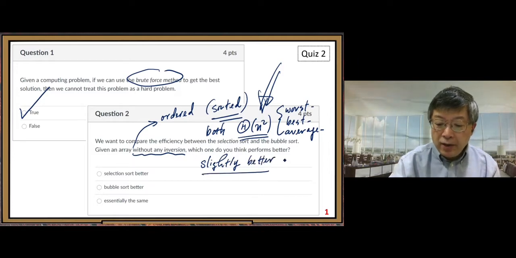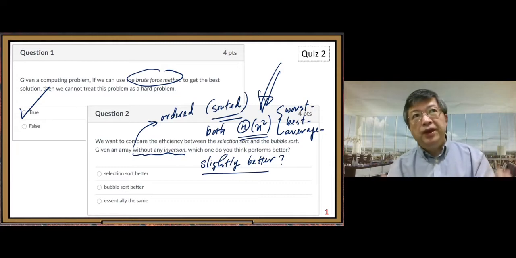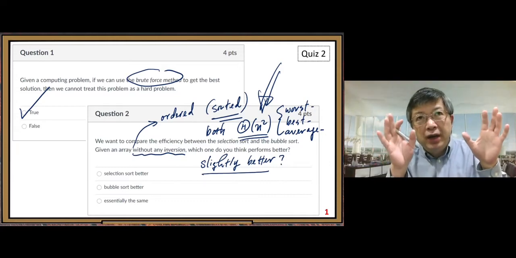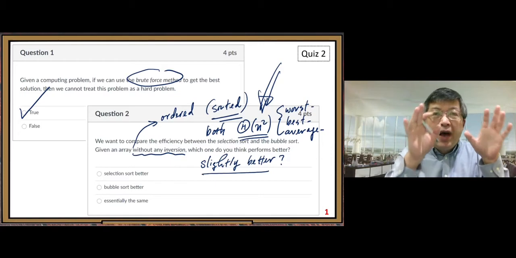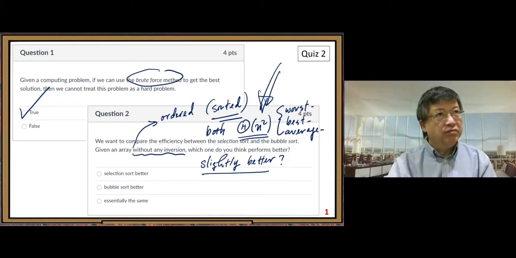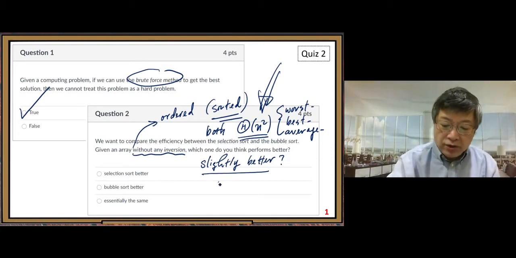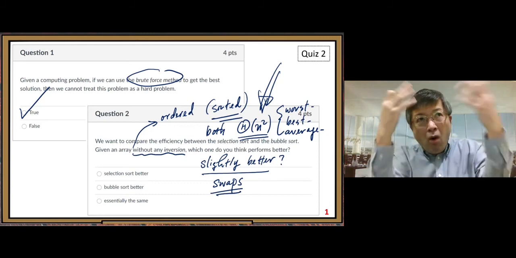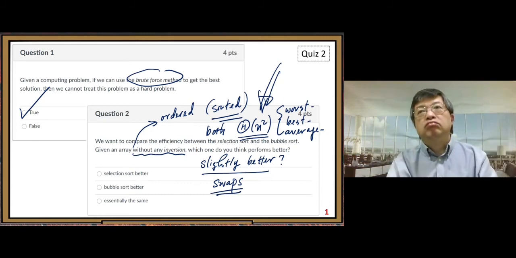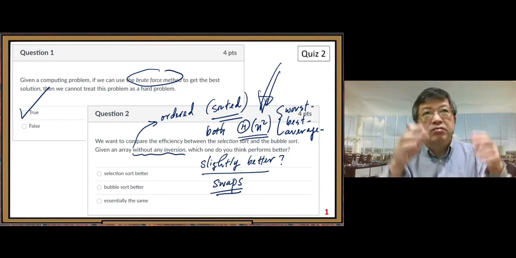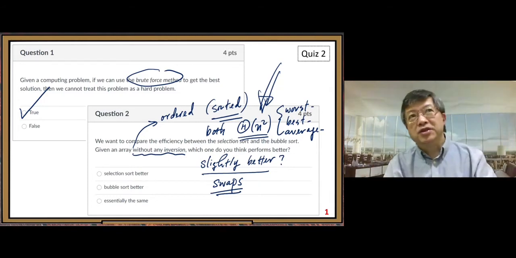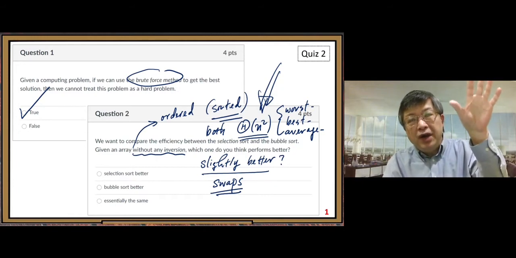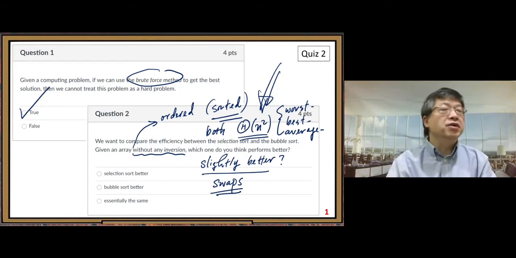In that situation, we need to look at the number of swap operations. The one with more swaps is worse. The one with fewer swaps is slightly better. So here I give you the general rule for the comparison.